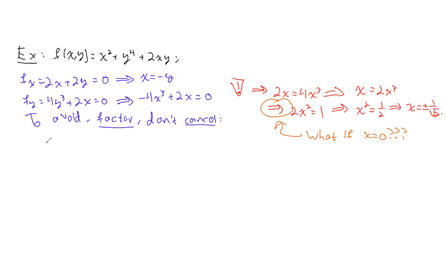And if you factor this, what this becomes is negative 2x times x squared minus 1. Or, excuse me, 2x squared minus 1. And this leaves us with 3 possibilities.